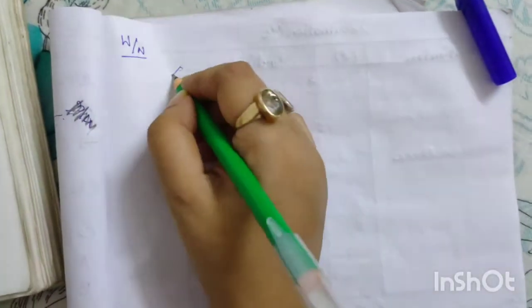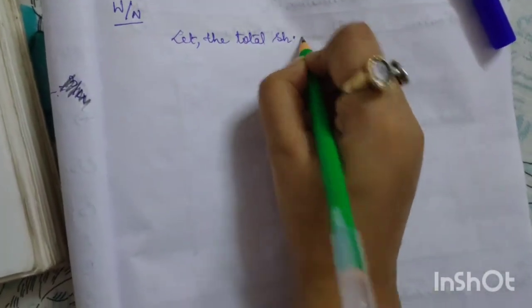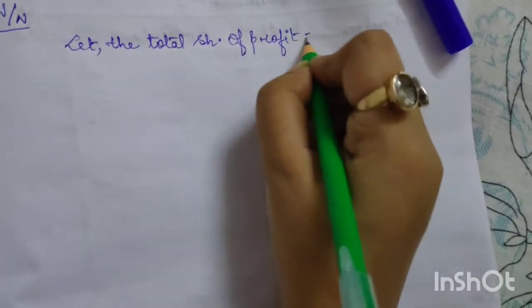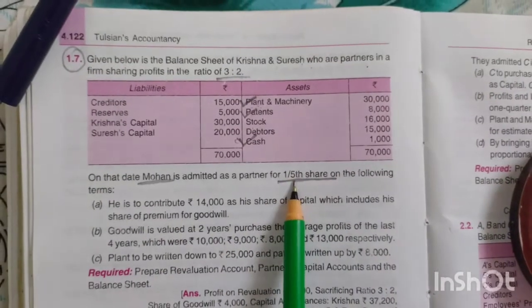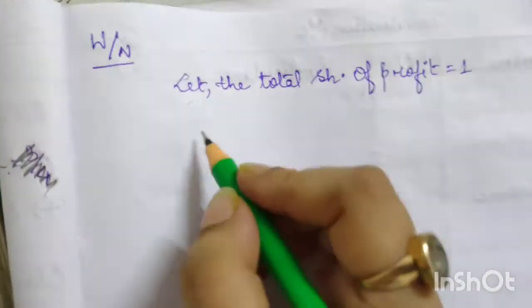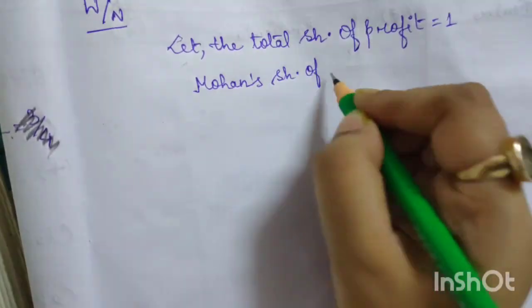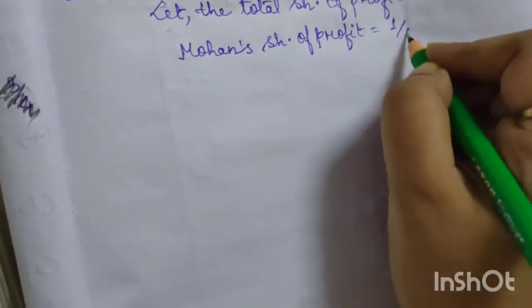Okay, so first we will assume that the total share of profit is equal to 1. As we can see here, Mohan is our new partner and his share of profit is 1/5. So here we will write Mohan's share of profit is equal to 1/5.